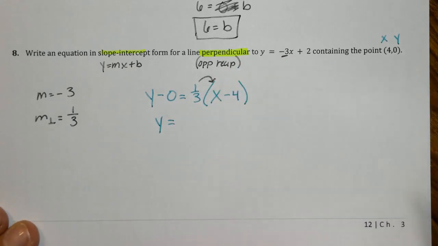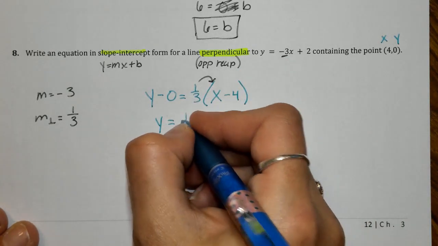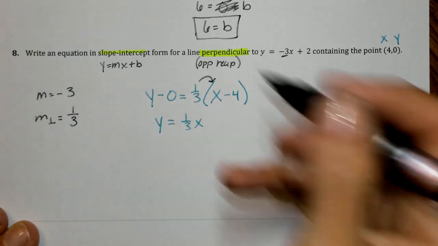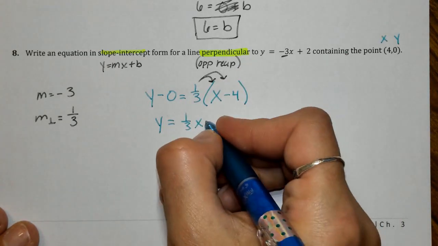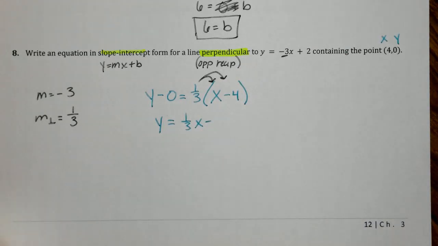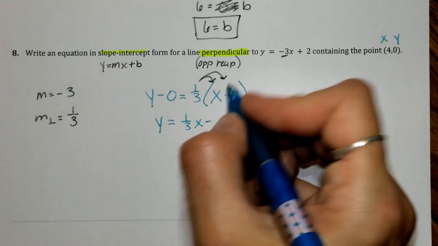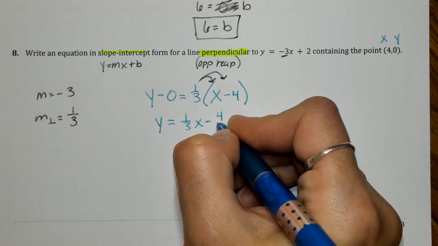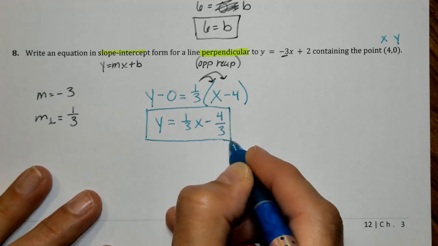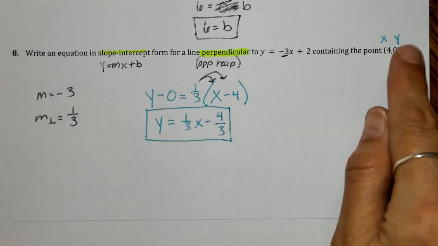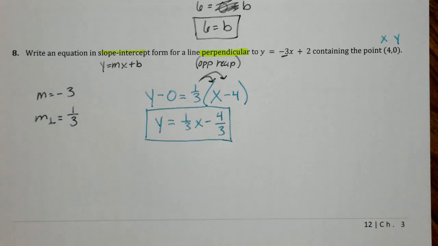Now we go ahead and distribute. 1/3 times x gives you 1/3 x. And then 1/3 times -4 is going to get a negative. I am going to leave this one as a fraction because we have 3 in the denominator and that becomes a repeating decimal. This just ends up being -4/3, and this is going to be our equation. So we're looking at, hey, it's going to go through these points. Let's plug those into point slope.